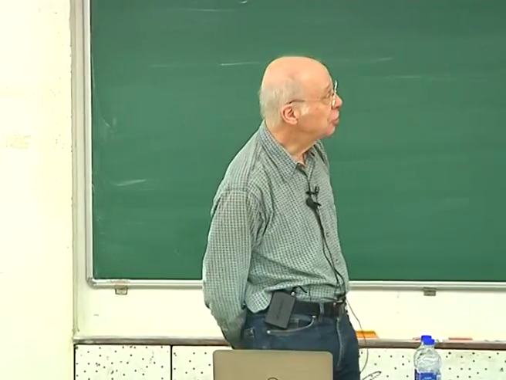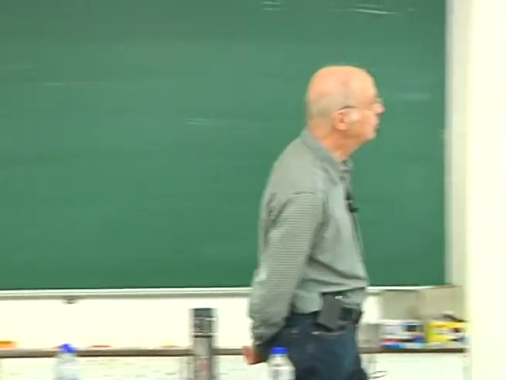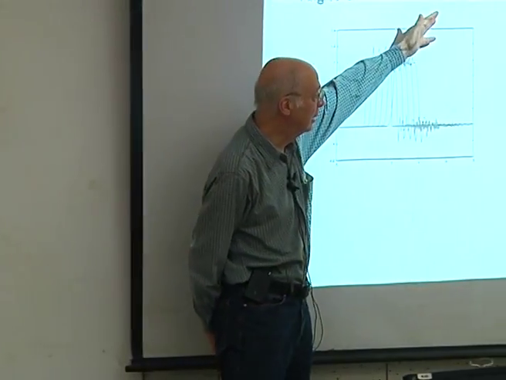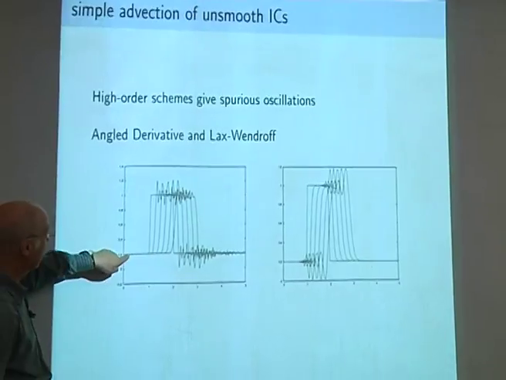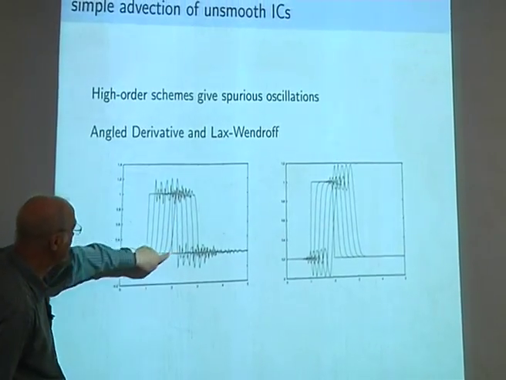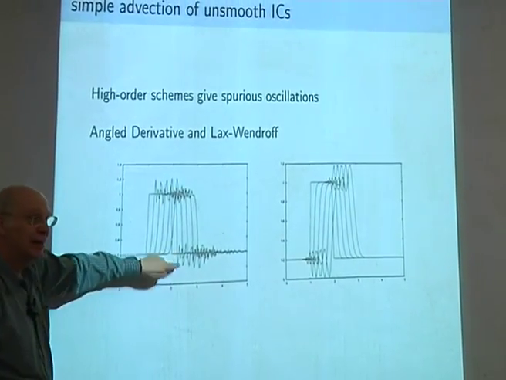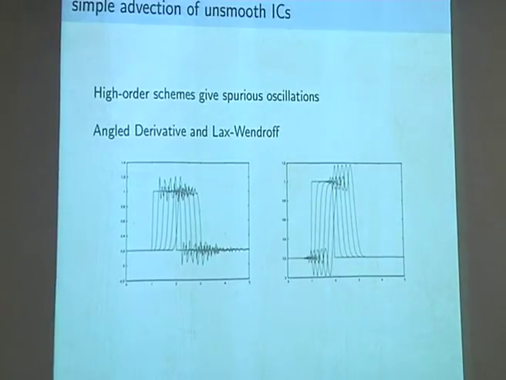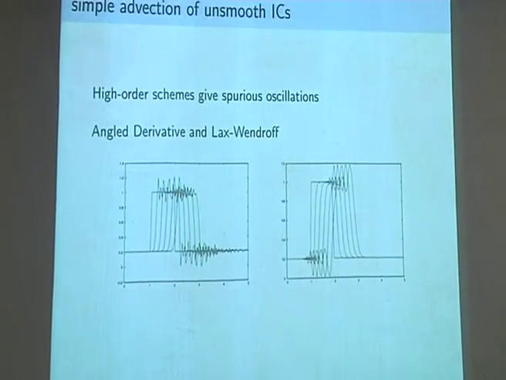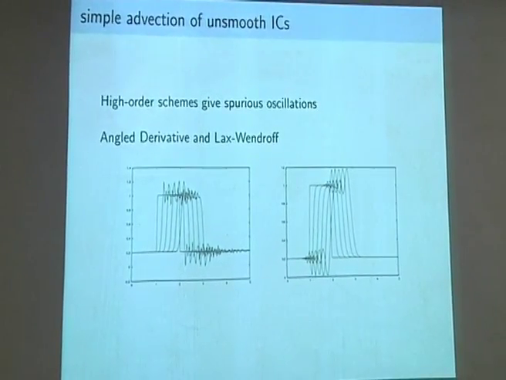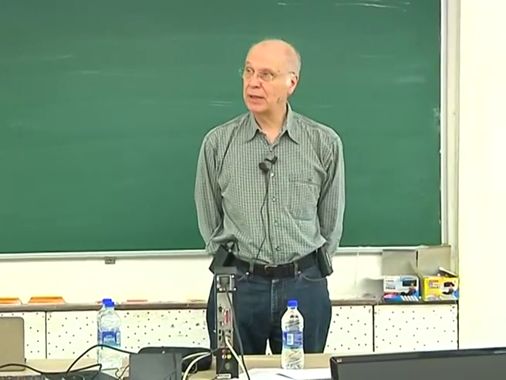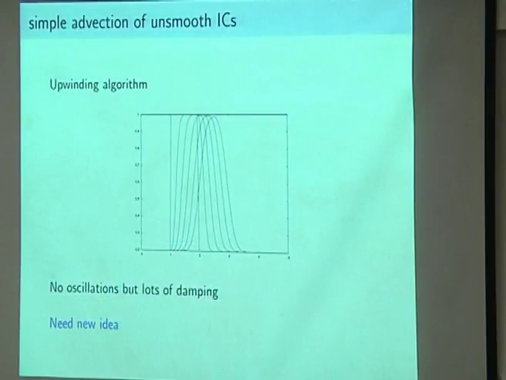Okay, so this is the two best techniques we had, the angle derivative and the Lax-Wendroff method, applied to the initial condition, which you can see there's a square wave initially, and in time one, it has developed all these wild oscillations at the front and at the back. On the other hand, the upwinding method, which was rather bad for continuous data, does not badly.